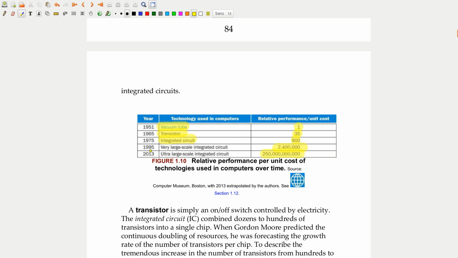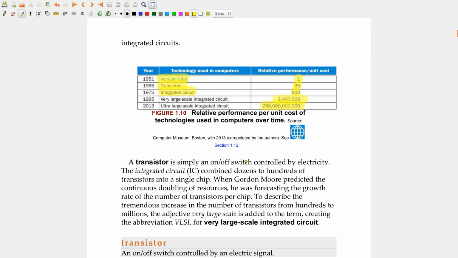This is 62 years, and in 62 years we improved performance by 250 billion x. Now, that's pretty good. I mean, I don't know, what do you guys think? I think that's pretty good. Okay.